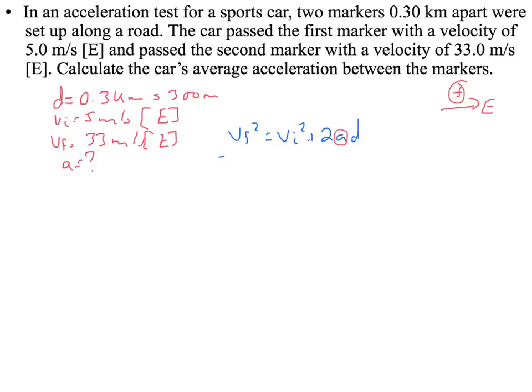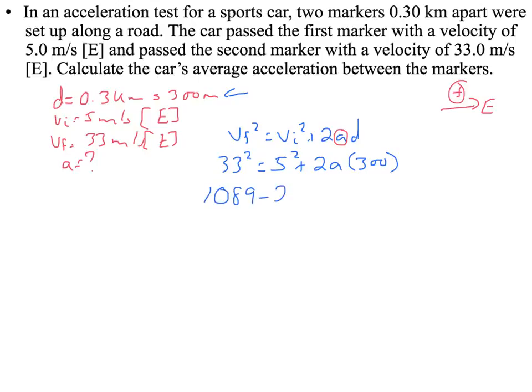So VF is 33, so 33 squared equals 5 squared plus 2 times A times 300. So now you know why we changed to 300 meters, because all our dealings are in meters per second and so on.